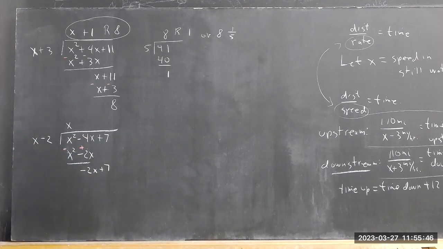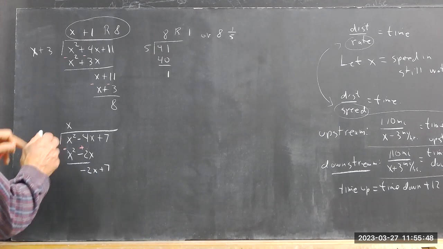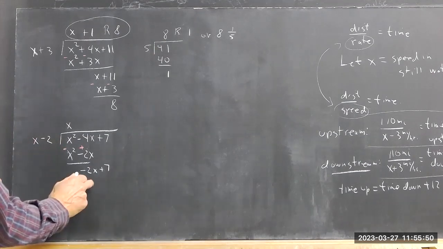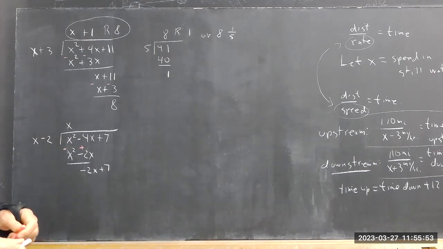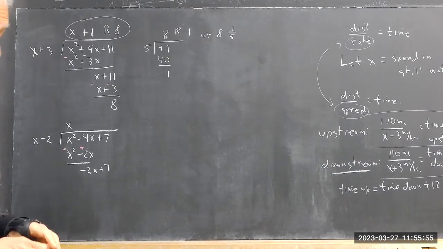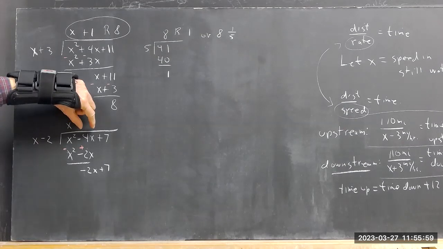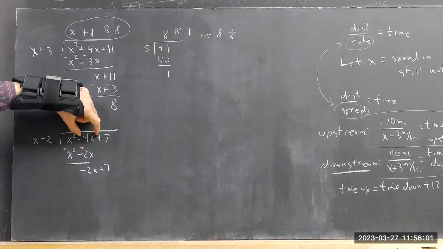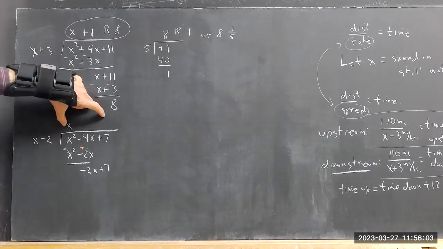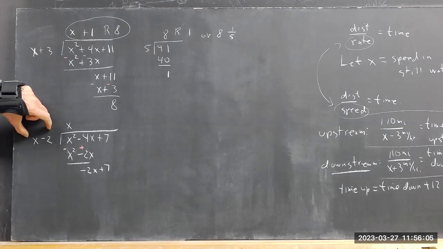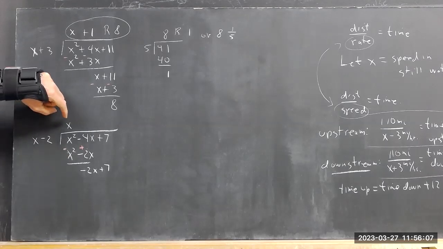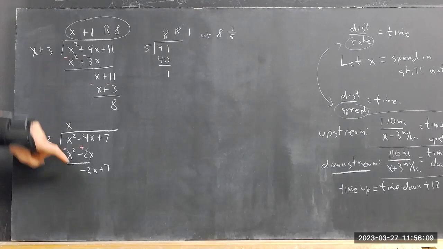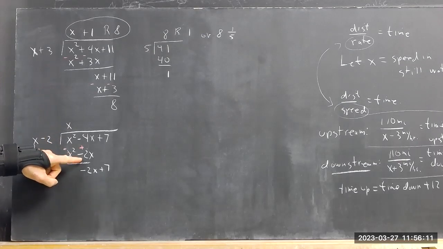Then what do we have to do? Well, what do we have to multiply x by to get the -2x that we still need? We need a -4x. Multiply whatever we have here by this. Starting by multiplying by x, we've already got a -2x.